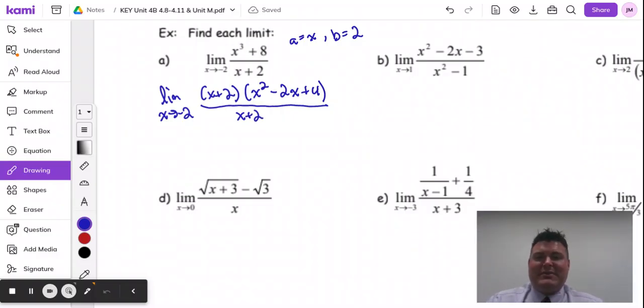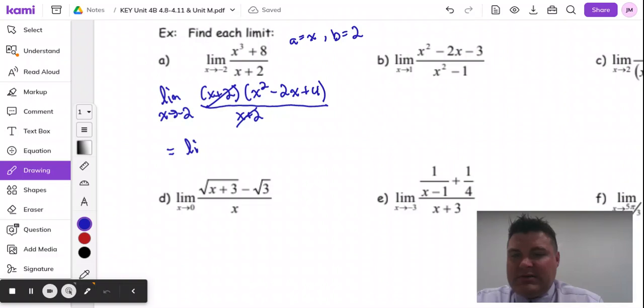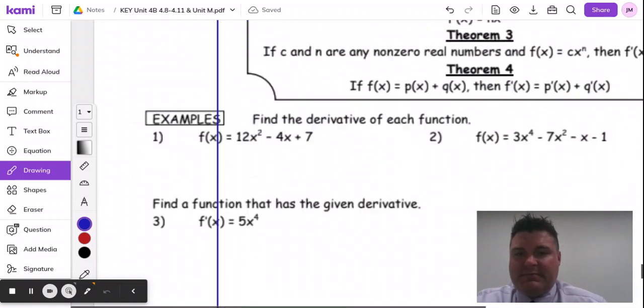If you notice right here, we have a hole at negative 2. Because we're in the form of 0 over 0, we have a hole. So we can cancel that out. And this is equivalent to the limit as x approaches negative 2.